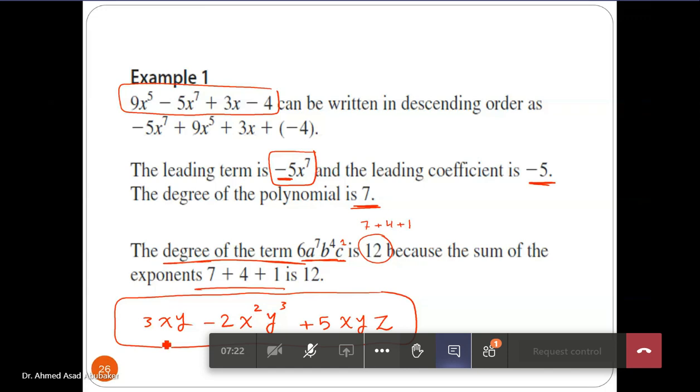Okay, what is the degree of the first term? 2. Good. The degree of the second term, 5. Good. For the third term, 3. So which one has the largest degree? This one. So this one is the leading term.